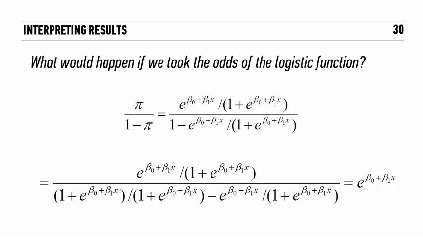This is the odds of the logistic function, and it's a little bit cleaner and simpler than the logistic function itself. The reason I'm going down this path is because I want you to have a little bit of intuition behind how the logistic function is derived. We're not going to go through everything, just a little bit of it.